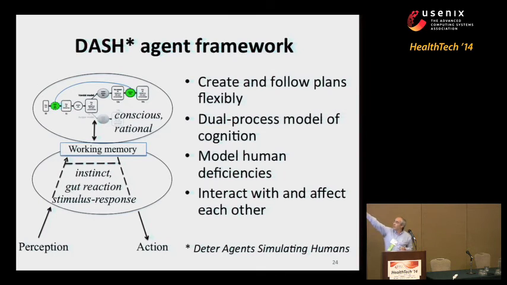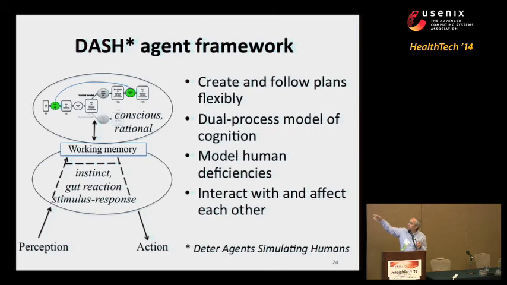Another piece of modeling here is what's called a dual process model of cognition. So instead of having just the one part in the agent which is doing all this logical stuff, the things that we're aware of doing, like creating plans and following them, there's a second piece, which is a more instinctive sort of gut reaction, sort of an urge to take an action when you see a situation. And so that's always there as well, sometimes in conflict with the rational part of these agents.